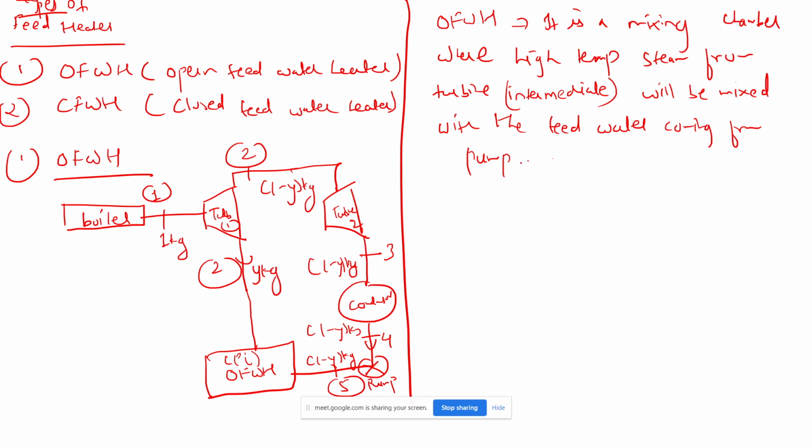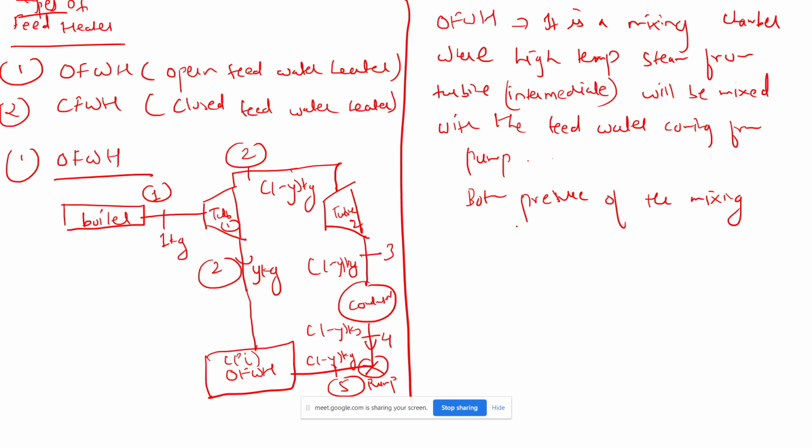Okay, so mixing will happen only and only if the pressure of both the mixing fluids, that is the intermediate steam as well as the steam which has been condensed, is the same.